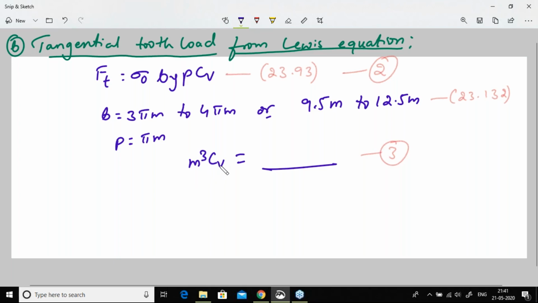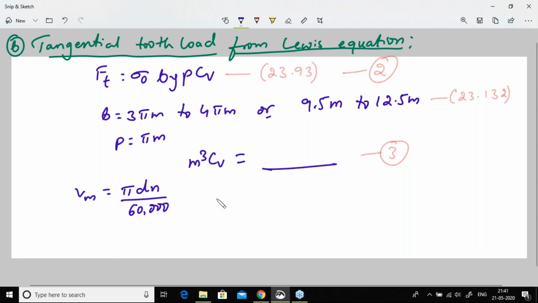Now, this Cv, the velocity factor, we will get based upon the mean pitch velocity, that is, Vm = pi × d × n / 60,000.